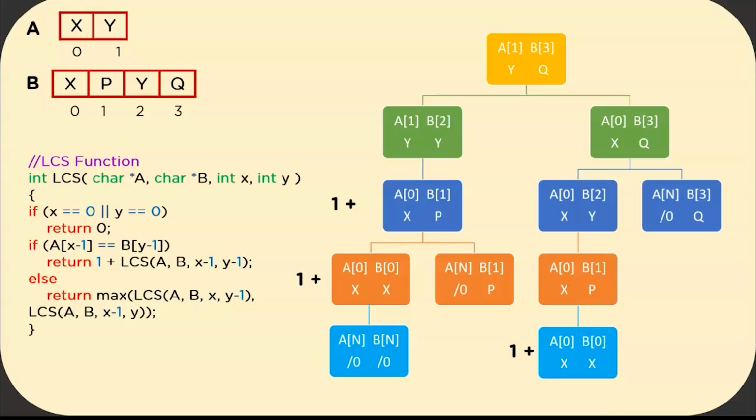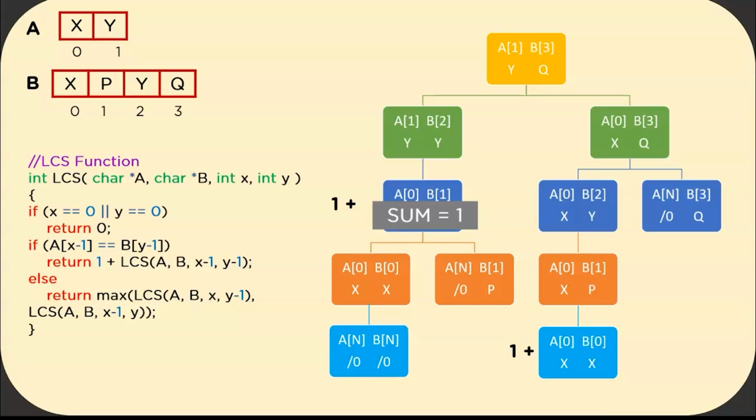Now, the next step will be for evaluating LCS length by backtracking our recursive tree. First, we'll consider the left side. So let's begin from the bottom of left side. At the bottommost child, we have some value equal to 0. For the next step, we'll have some value 1 as we will add 1 here. For the next step as well, we'll have to add 1 to our sum value.